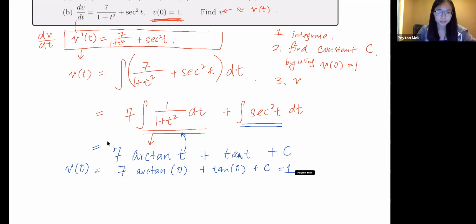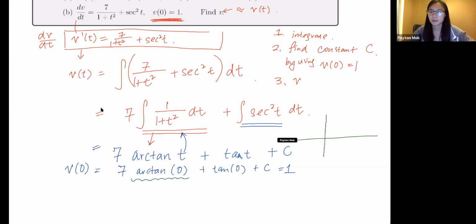Now, what's the value of arctangent 0? Does anyone know? Not pi over 4. When I'm doing these kinds of questions, it's always good to refer back to the graph. At least that's one of the methods I like to use. If you remember the graph of arctangent, how does it look?